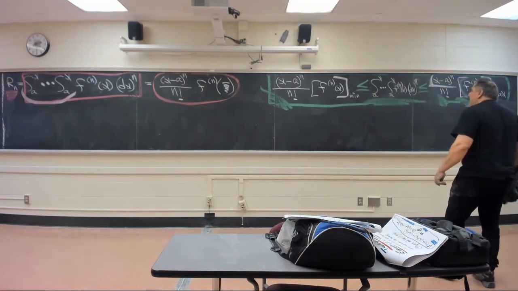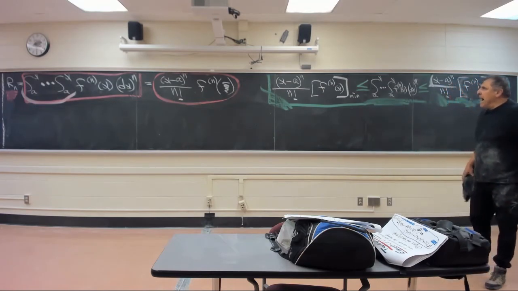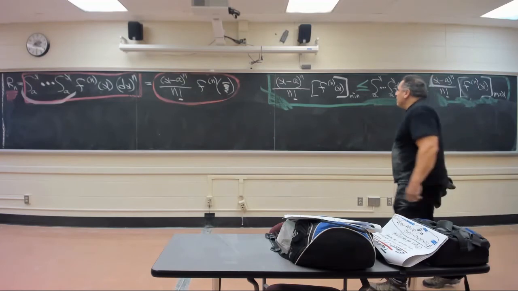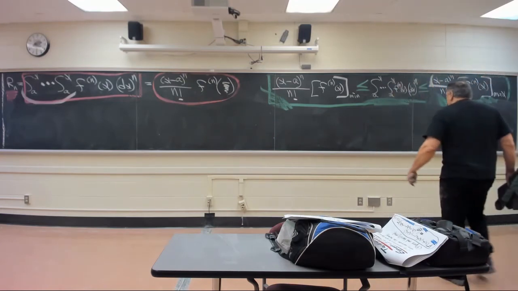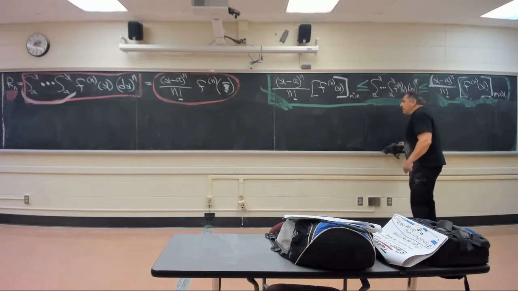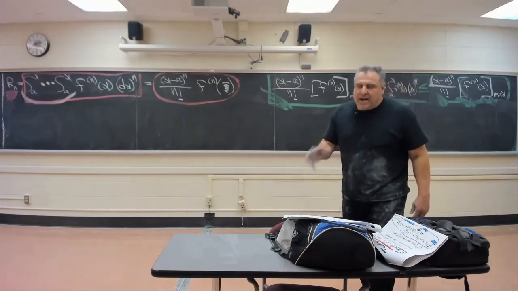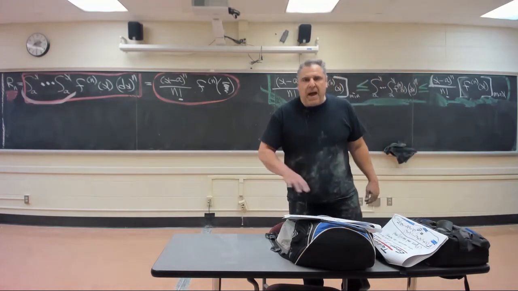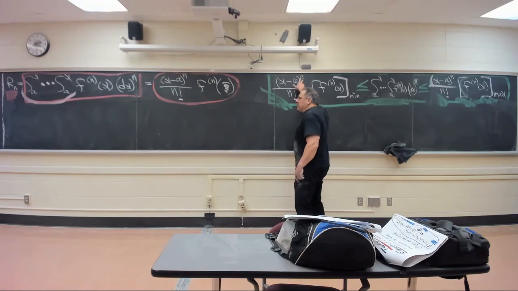Why don't you divide all the way across this inequality by this quantity right here? The worst that can happen is if you're dividing by a negative number, depending upon the exponentiation taking place.